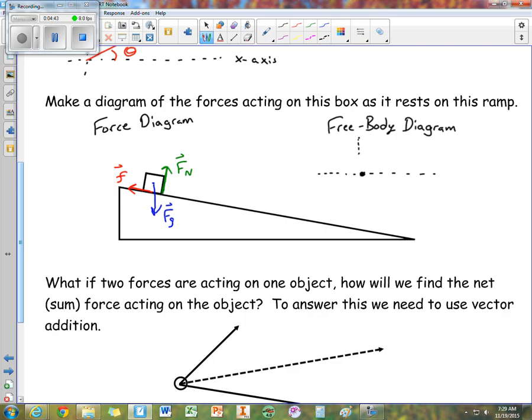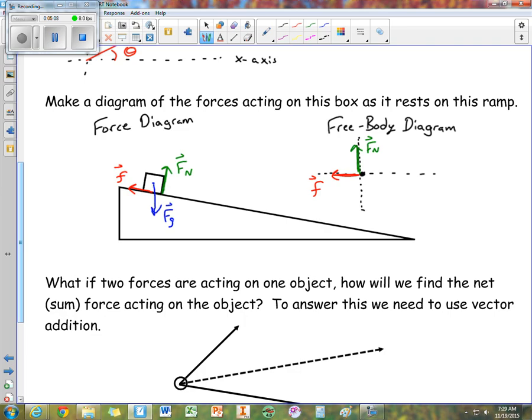Let's go and draw our Cartesian coordinate system. So we would have the normal force, we would have the friction force, and we would have the gravitational force.